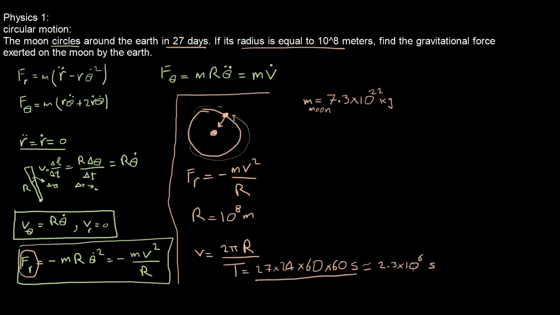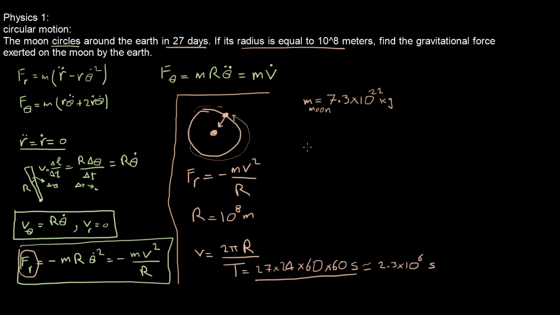So I used my calculator to find T is 2.3 times 10 to the 6 seconds, and I googled the mass of the moon. It's 7.3 times 10 to the 22 kilograms.